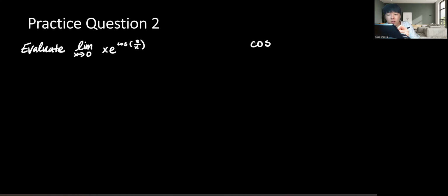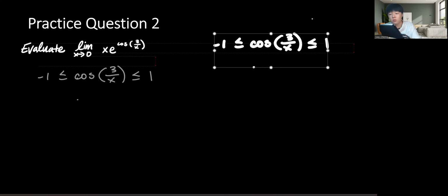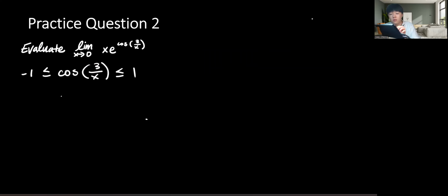You know that cosine of 3 over x is always between -1 and 1. Let me move it right here. If you put it as the exponent of e, because we want to make sure the middle function is similar to our objective function, we put e on everything: e to the -1, e to the cosine of 3 over x, and e.